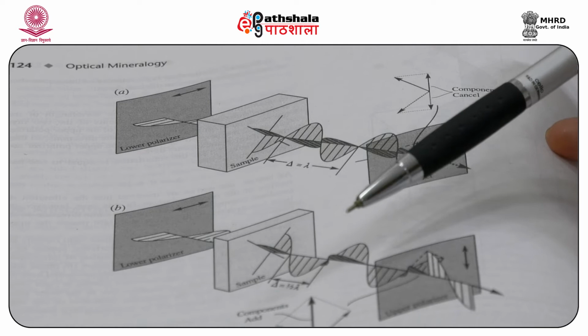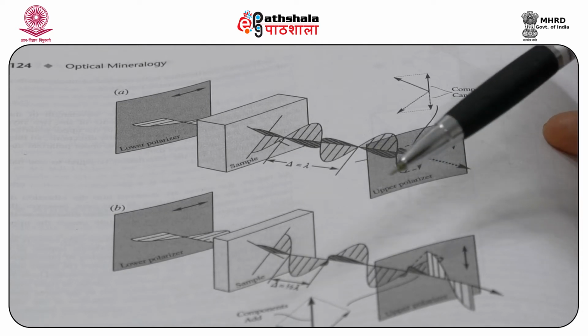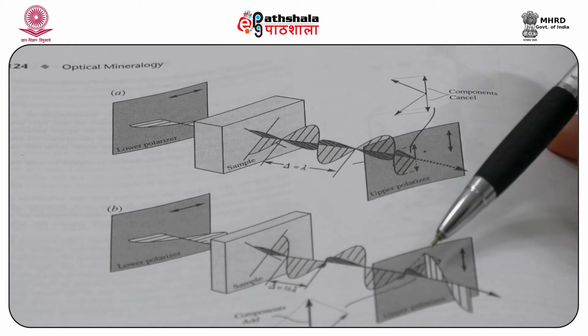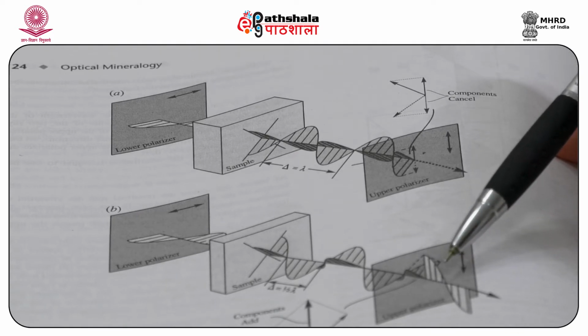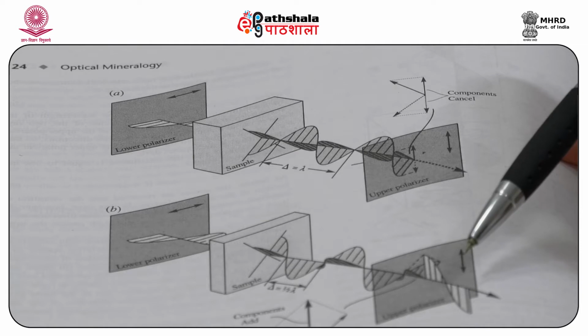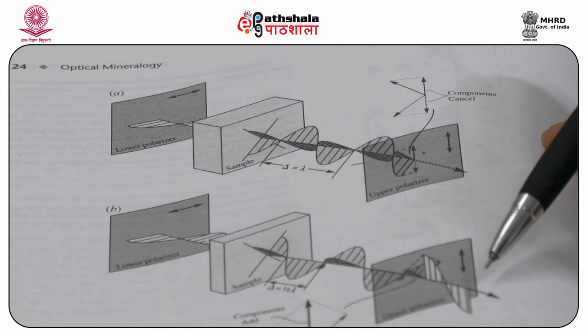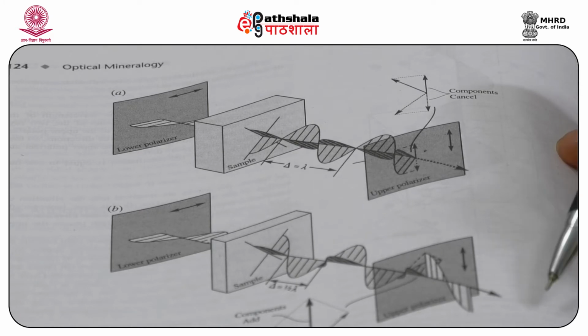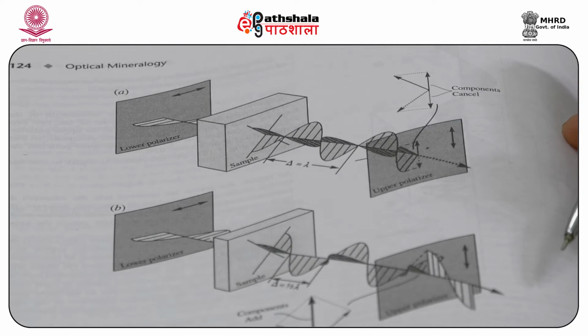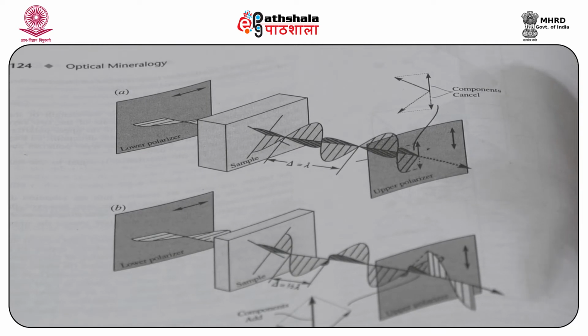Vector components of the two waves get resolved into the vibration direction of the upper polarizer and are in the same direction, so they constructively interfere. Light passes the upper polarizer and the mineral appears bright to us with a variety of colors, which we call the interference color. Accessory plates are also sometimes used to determine the order of interference color.